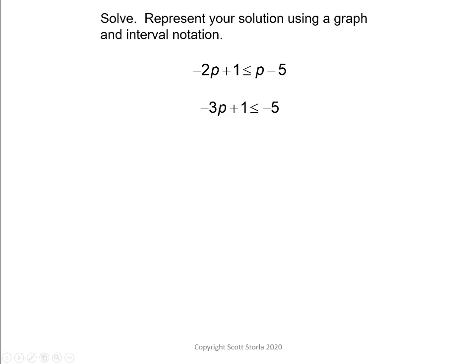After subtracting p from both and subtracting 1 from both, I'm going to divide by negative 3, which means I need to change my symbol, and I'll end up with p has to be greater than or equal to 2. Here's my graph and my interval notation.